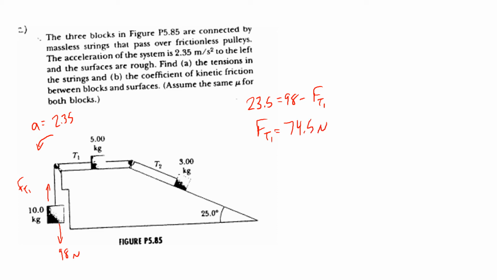So awesome. Alright, now I'm going to look at this block here. So I know that this force of tension is 74.5, and I want to know what Ft2 is going to equal.